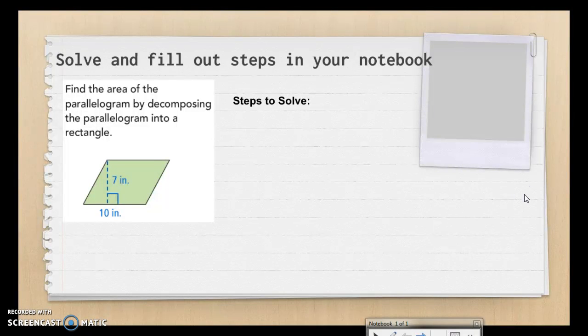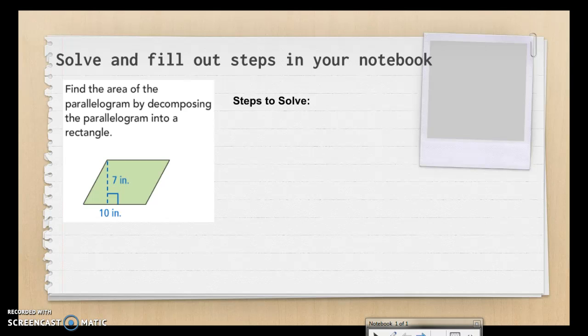So, guess what? We have more notes. Woohoo! We're going to solve this problem, and we're going to talk about the steps you need to take when solving this problem. Okay, so find the area of a parallelogram. We got to decompose the parallelogram by making a right angle, and then we need to solve the steps. Okay?